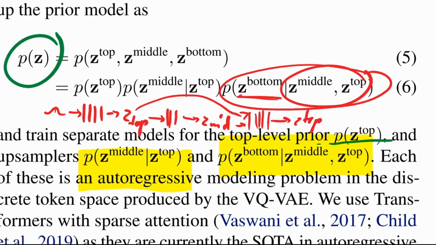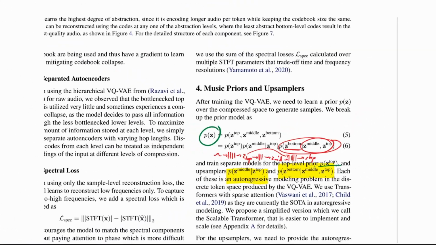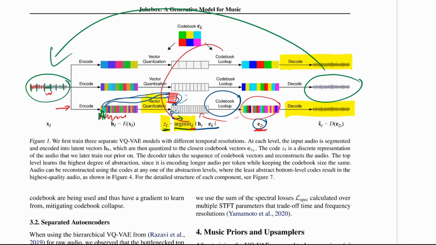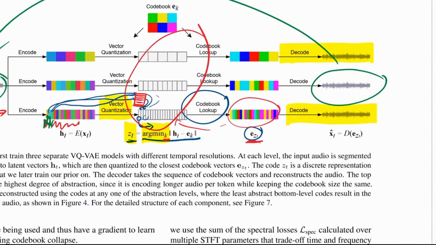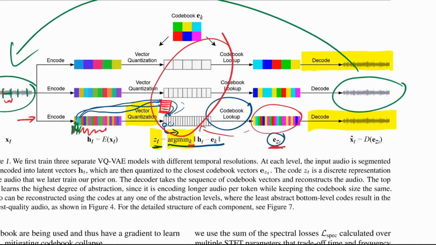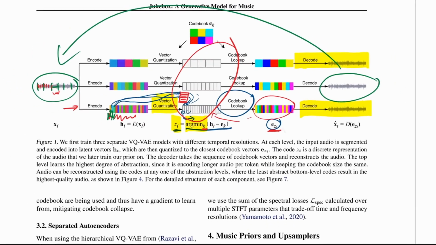And you can train these neural networks simply by training a prior to produce this thing right here. You simply use your data, compress it to the hidden space, and then train a neural network to produce that distribution. And you can do this in any number of ways.